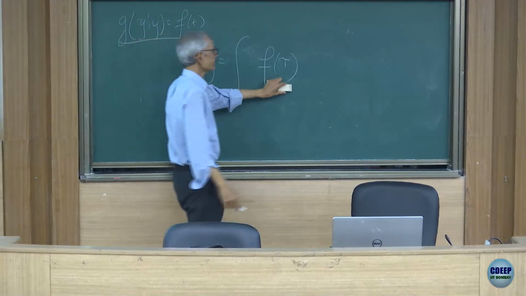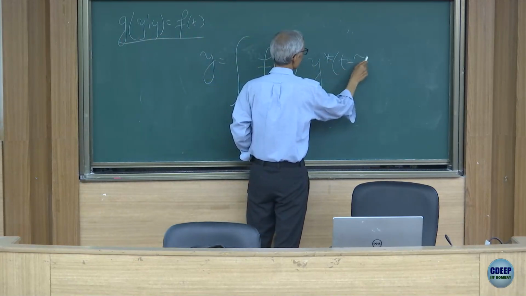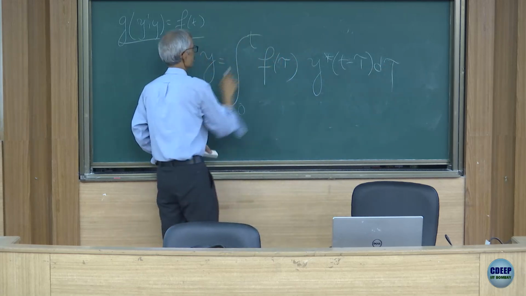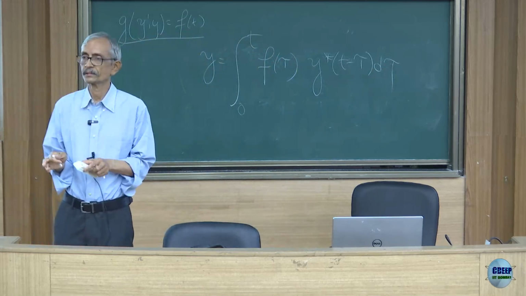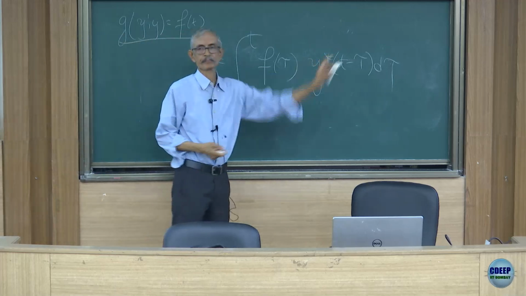So all that I have is this times y star t minus tau d tau, 0 to t. That's my y. The solution to the differential equation is in this particular form.